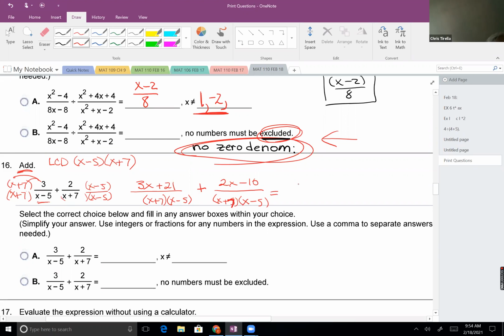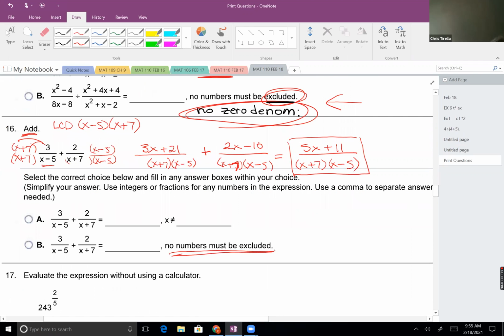Adding the numerators, then I get 5x plus 11 over my common denominator. Because that numerator does not factor, it's not going to be reducible. Again, they ask me what must be excluded.